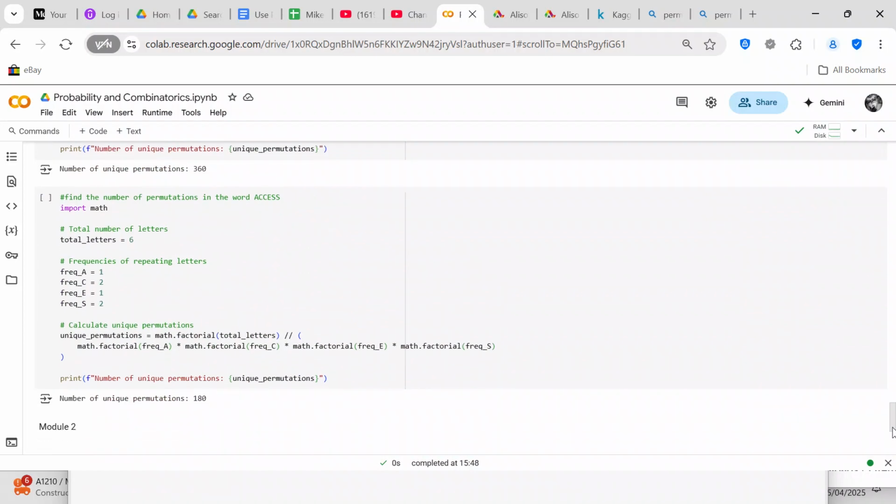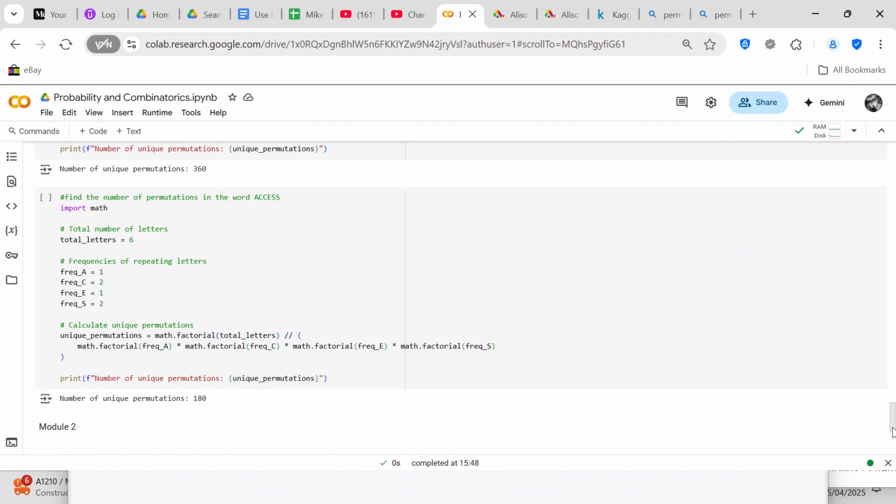So the last question is find the number of permutations in the word access. So we're going to import Python's inbuilt math module, and the total number of letters is 6. The frequencies of repeating letters are: frequency A is 1, frequency C is 2, frequency E is 1, and frequency S is 2.